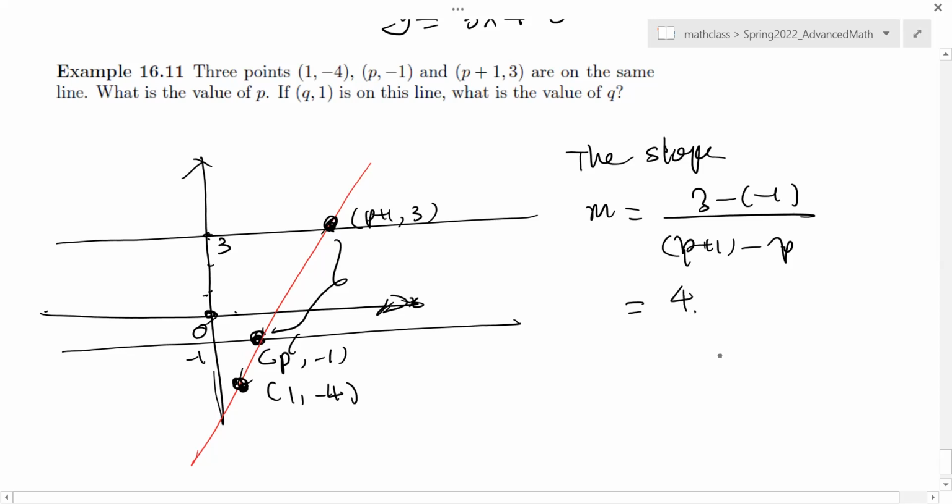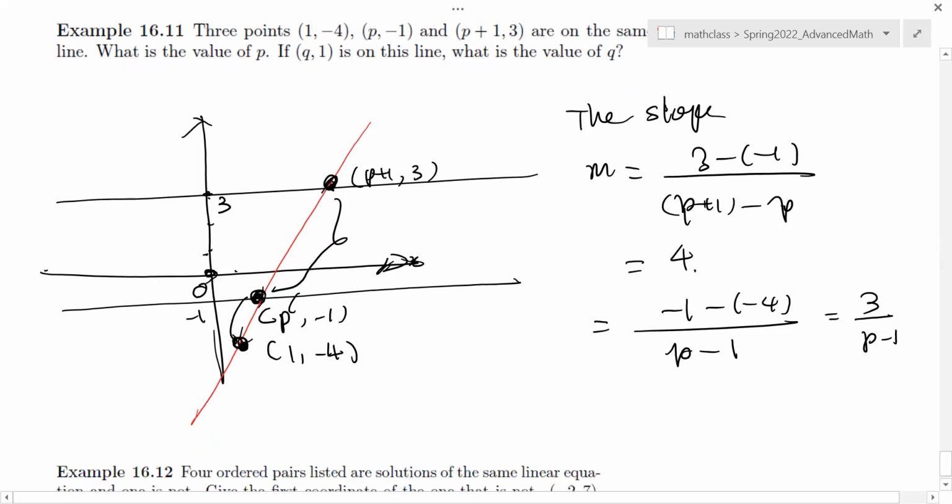Then you can use any of the points to find the slope. If you use these 2 points, it's the difference of their y coordinates over the difference of the x coordinates: -1 minus -4, that's 3, over P minus 1.